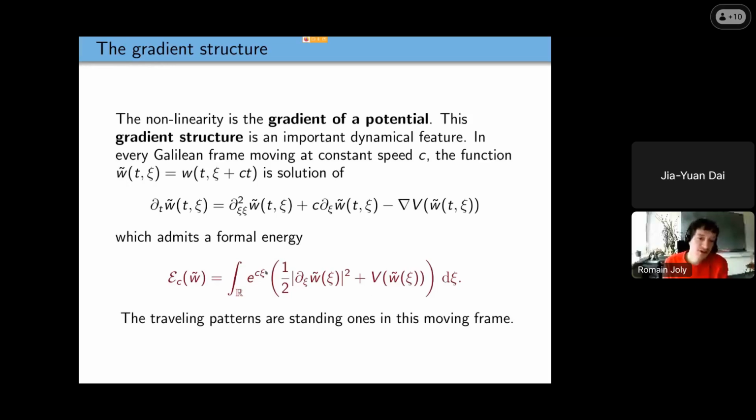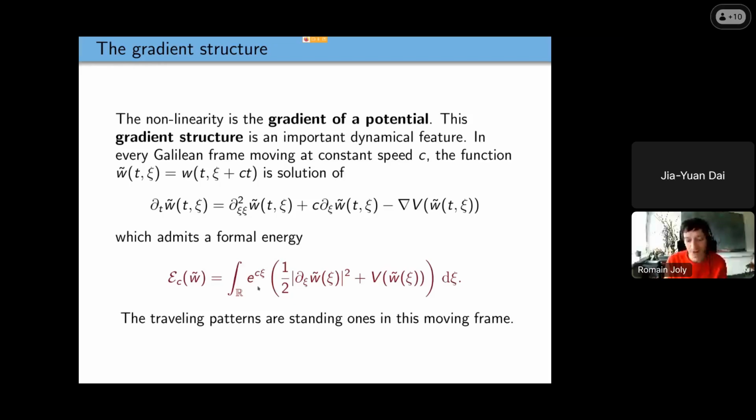But the difficulty in this case is that this energy is just a formal energy. And by this, I mean that even if you look at a traveling front, for example, this energy may be infinite. Okay, so there is no reason that this energy is well defined, is finite, and of course it's worse with this exponential weight.